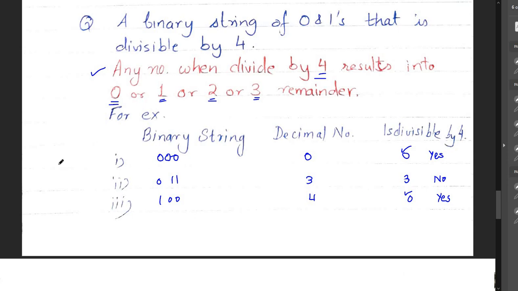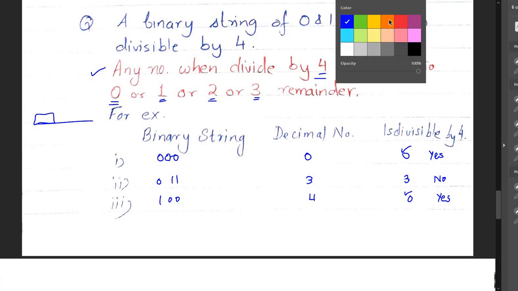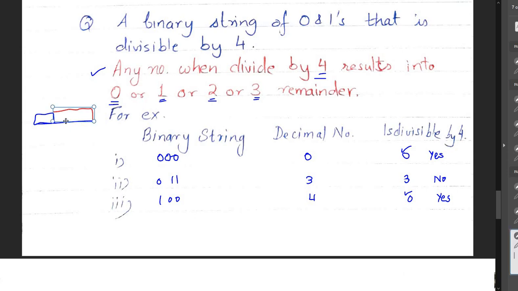Can you just think about it: suppose I know the current remainder. Let's say I have a certain string, and up to here I have already processed it, and the rest of the part I am trying to process.